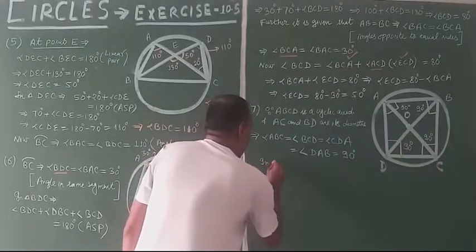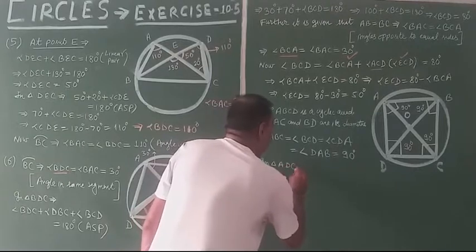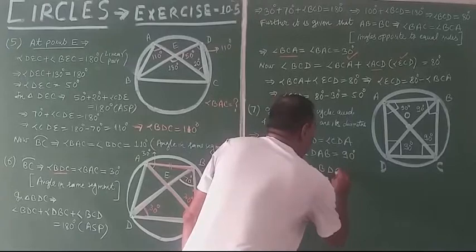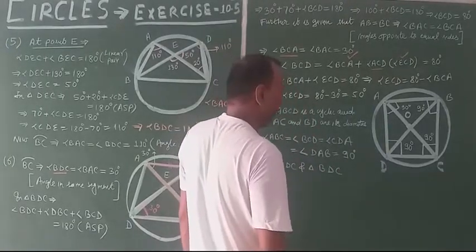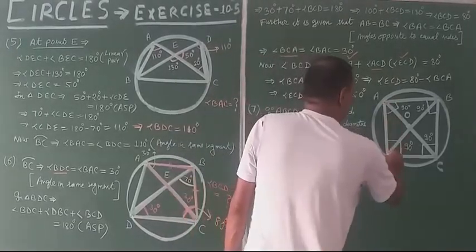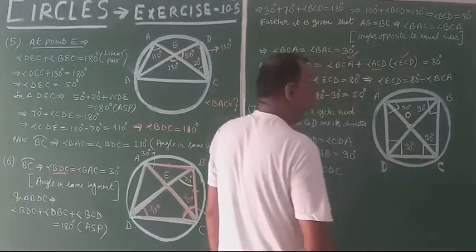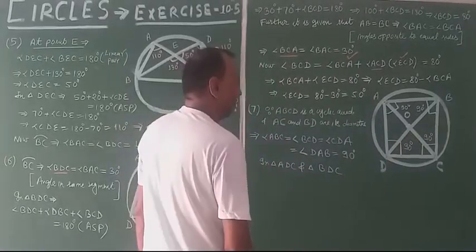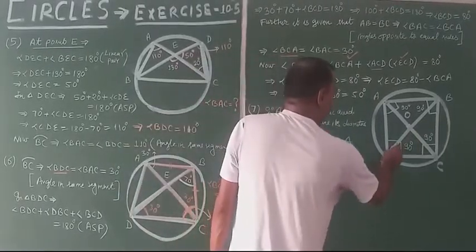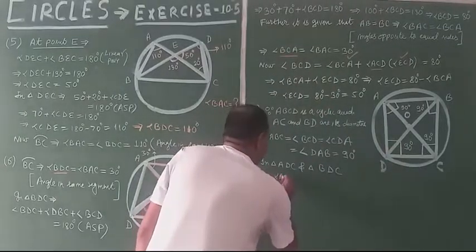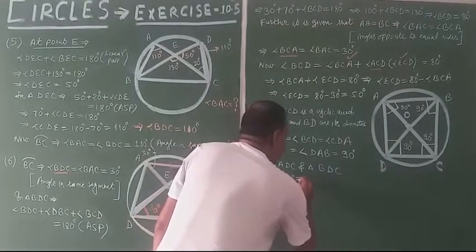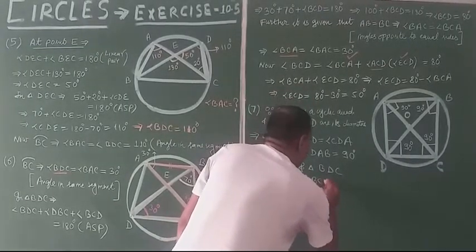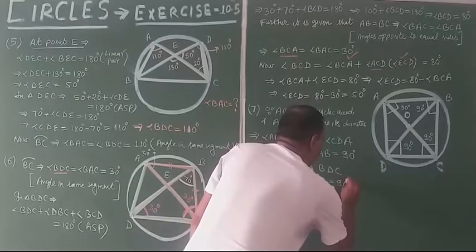In triangle ADC and triangle BDC, angle ADC is equal to angle BCD, 90 degrees each.